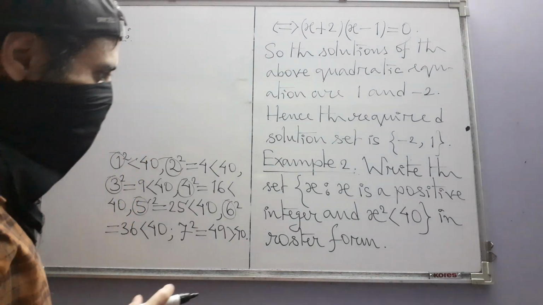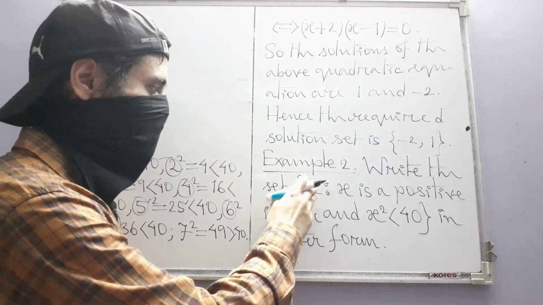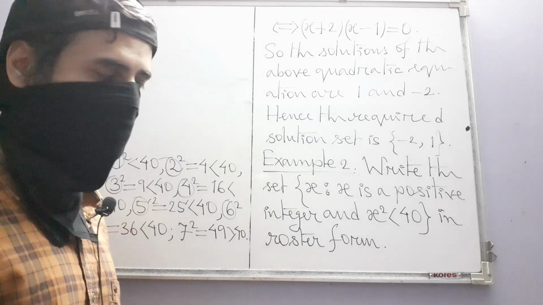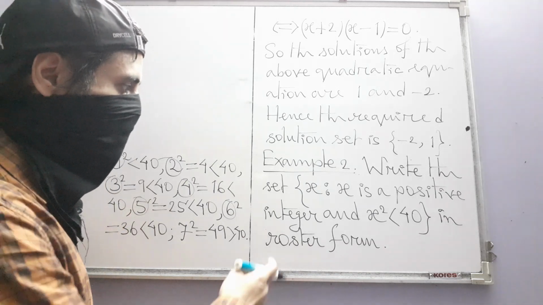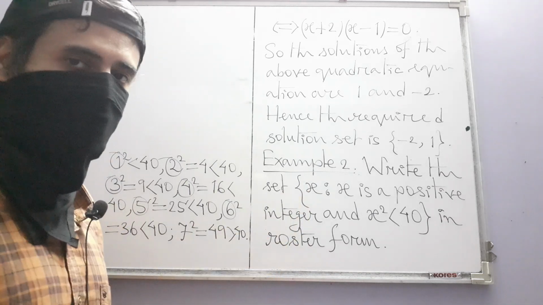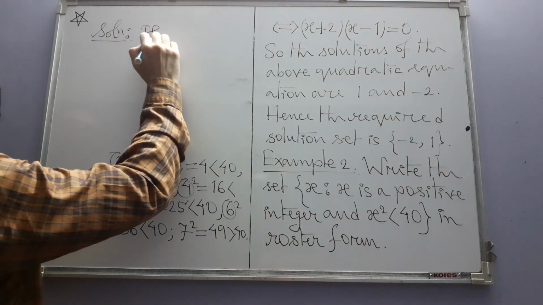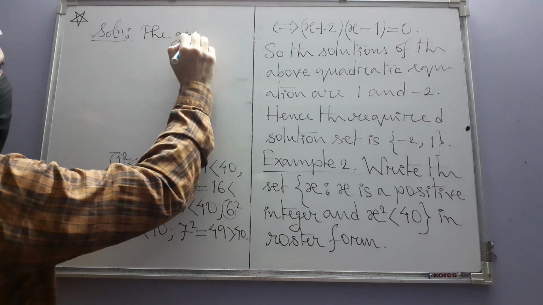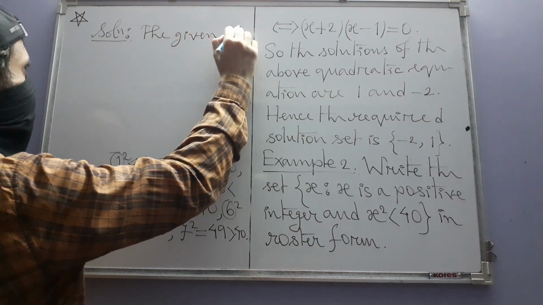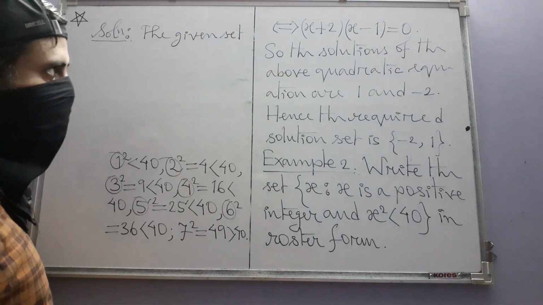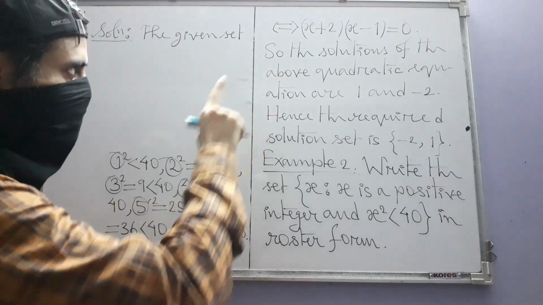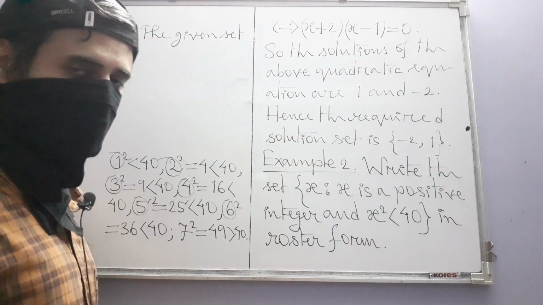Now, since it's pretty easy to see what the elements here are, instead of doing anything, we can straight away write the set in roster form, like this. The given set, it's unlike the previous example. In the previous example, we at least had to do something to find the solutions.